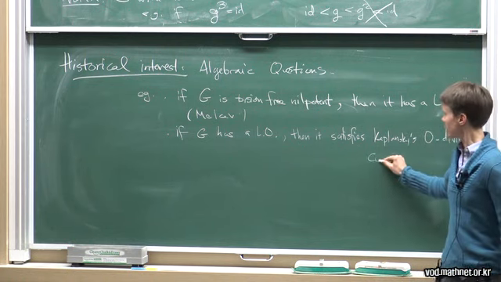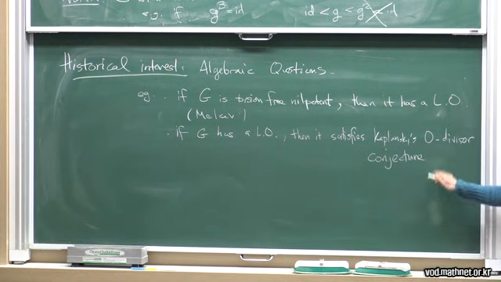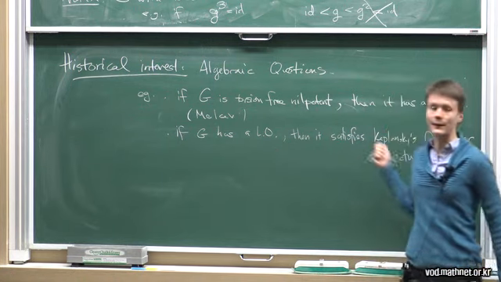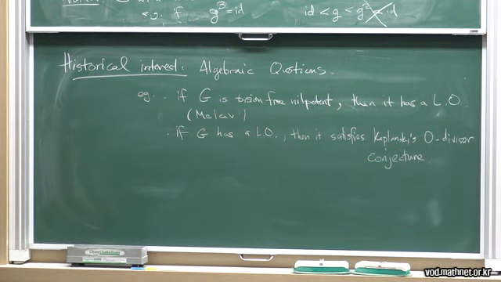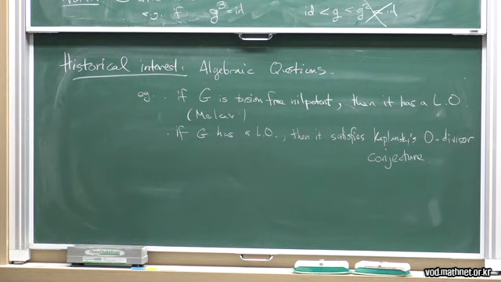If you don't know what that is, that's not important, or ask me later. This is an important question in group theory, and left orderable groups are good candidates, and it's solved for this big class. But I'm less interested in the algebraic questions, and more in the modern interest in this.